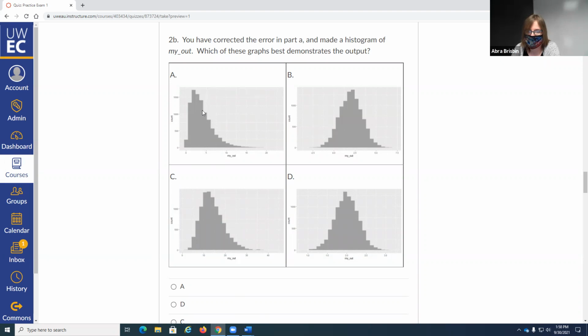So yeah, a mean of around 4 looks about right. On graph C, this is 0, 10, and 20. So it looks like the mean here is about 12 or so. So that's too large. Questions about this?